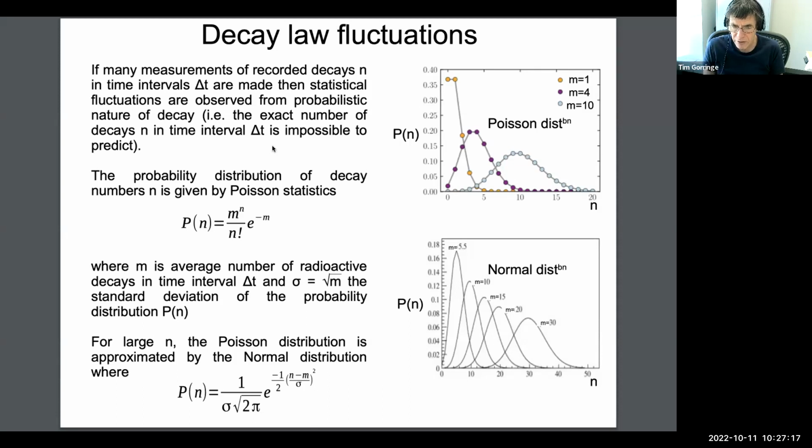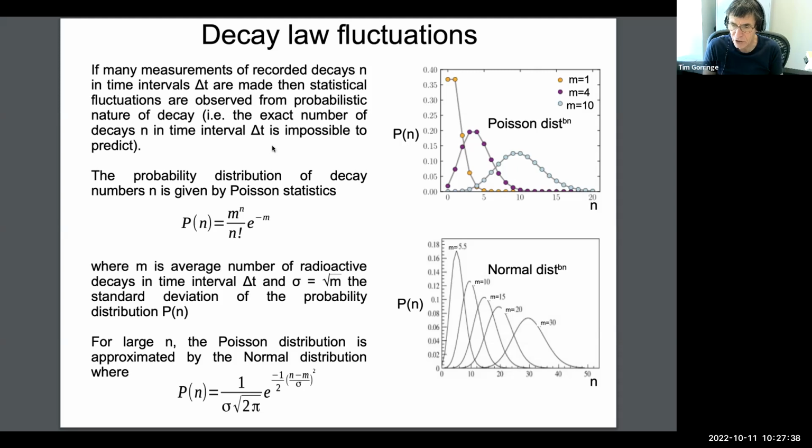If you imagined recording the number of decays of a radioactive sample in a certain period of time, let's call that recorded number of decays lowercase n, and let's call that interval of time delta t.